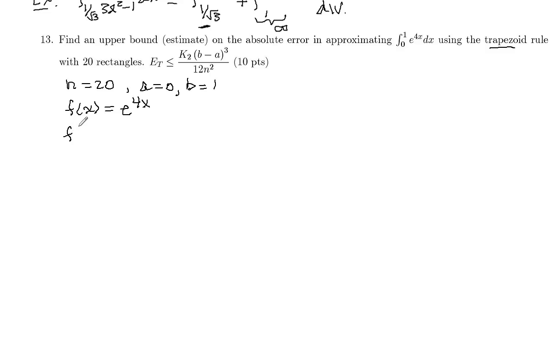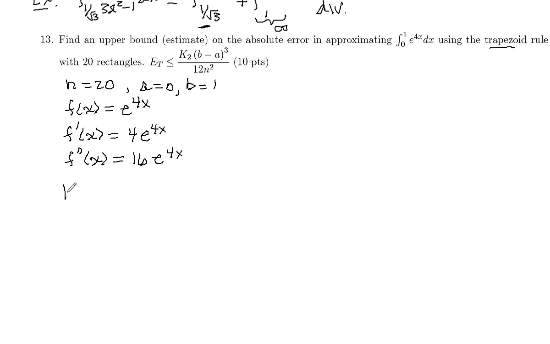So take two derivatives. So the 2 means take two derivatives here. So this will be e to the 4x, and then we'll have to multiply by 4, derivative of the inside function. And then take another derivative. So we get e to the 4x times 4 times the 4 that's already out in front, so 16 e to the 4x.